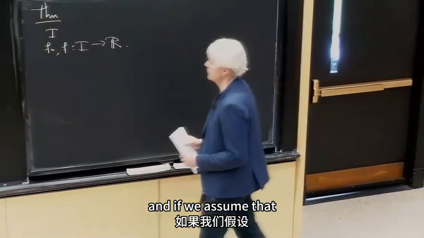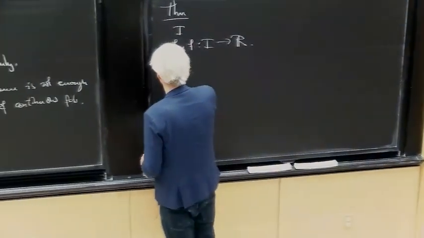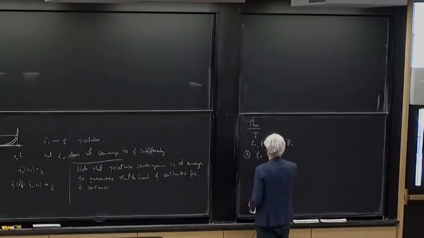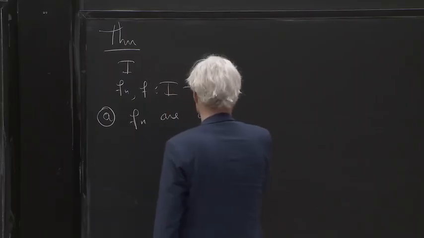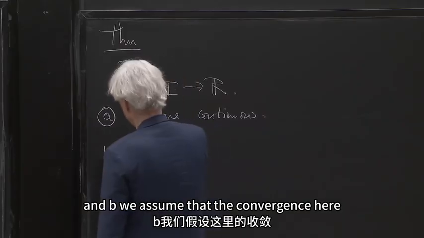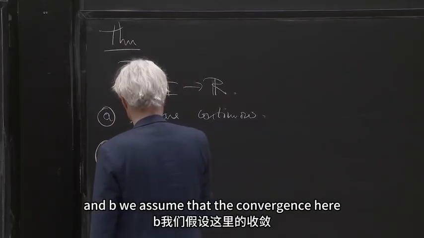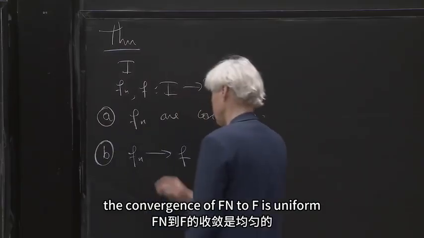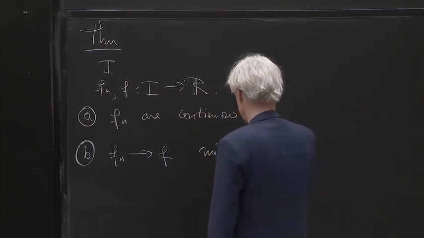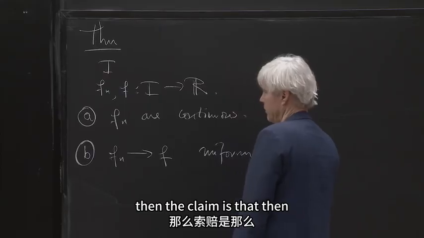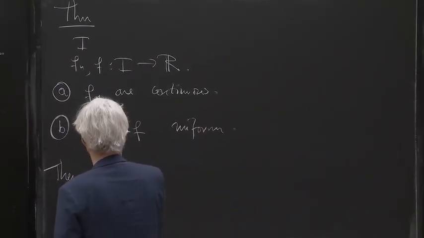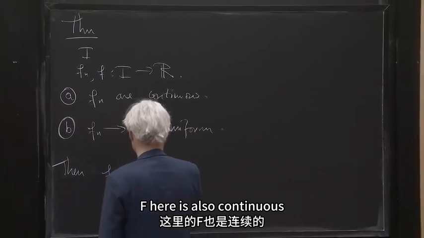And if we assume that, a, all of these fn's are continuous, and b, the convergence of fn to f is uniform, then the claim is that f is also continuous.